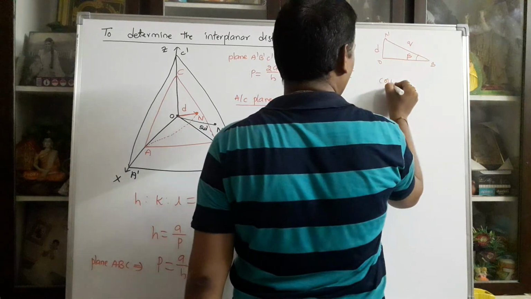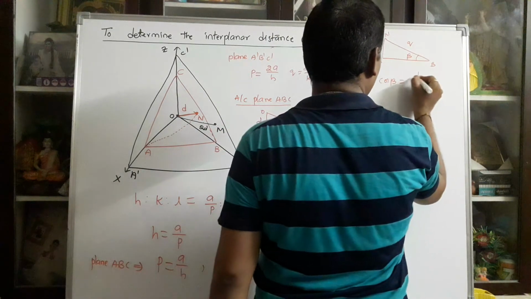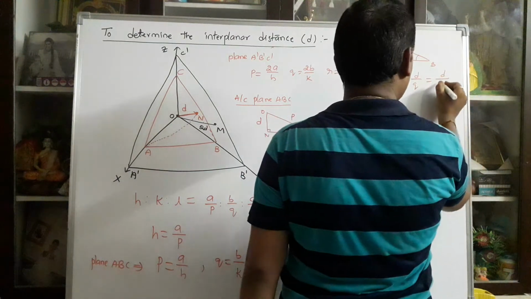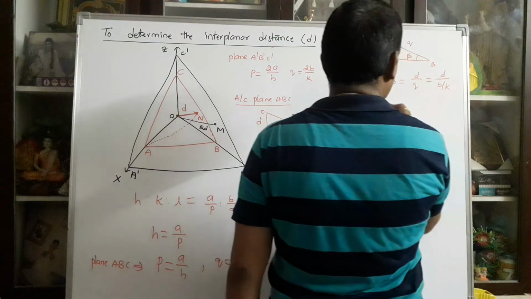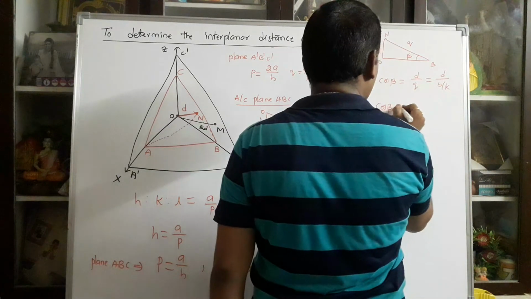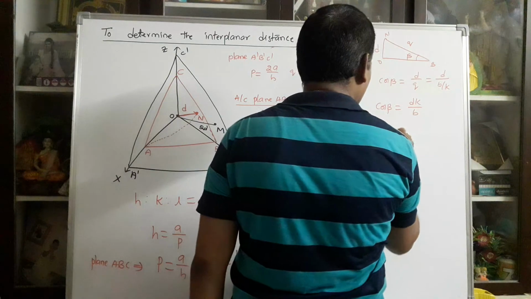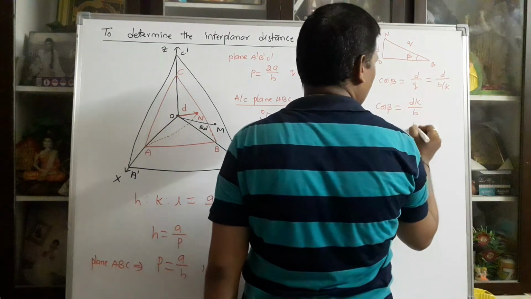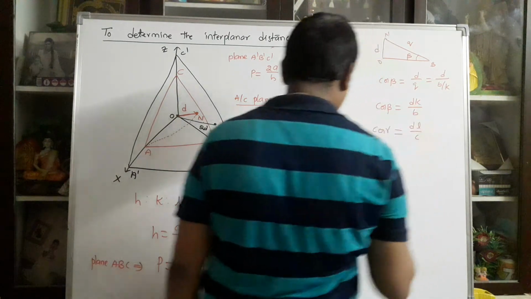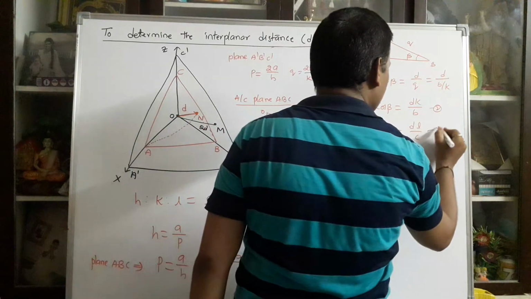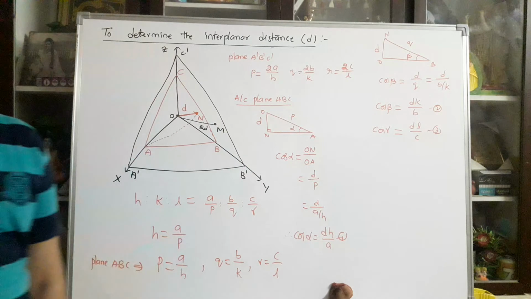You can take cos beta equal to d by q. So d by q can be written as k by b, so cos beta can be written as dk by b. Similarly you can deduce cos gamma is equal to dl by c. These can be taken as equation 1, equation 2, equation 3. These three are the direction cosines.